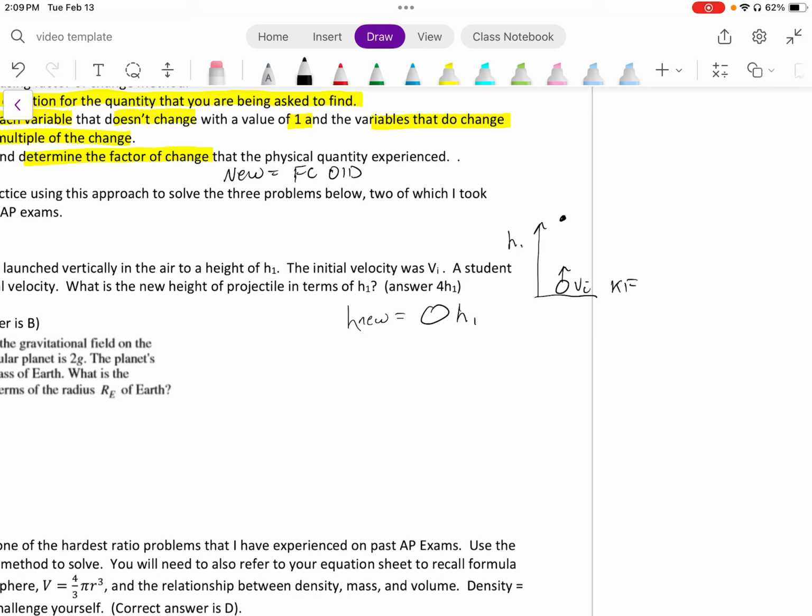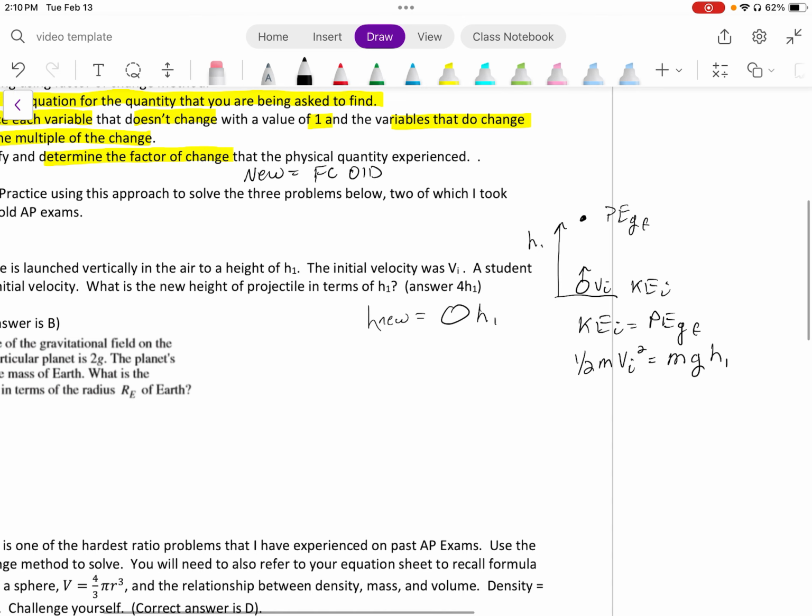So we have kinetic energy initial equals potential energy due to gravity final, and those two values must equal one another. The initial kinetic energy is equal to 1/2 mass times the initial velocity, which we call VI squared, which must equal the potential energy due to gravity final, and we called that H1.